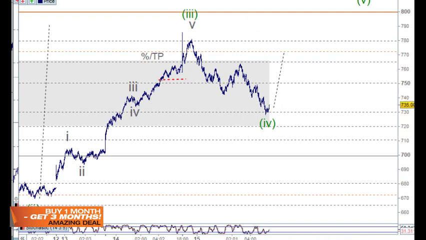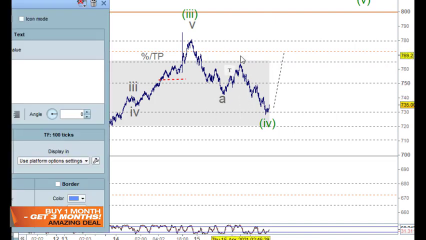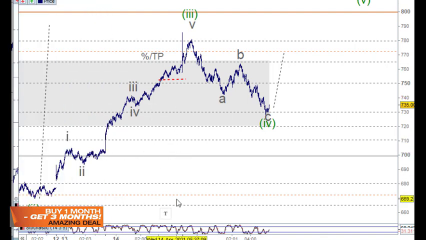This could actually be done and dusted here for this. We'll label it accordingly. But I don't want to make a move on it because it's not in line with the rest of the market at this point. And also, it might end up being a flat correction here as well. That's the other point.